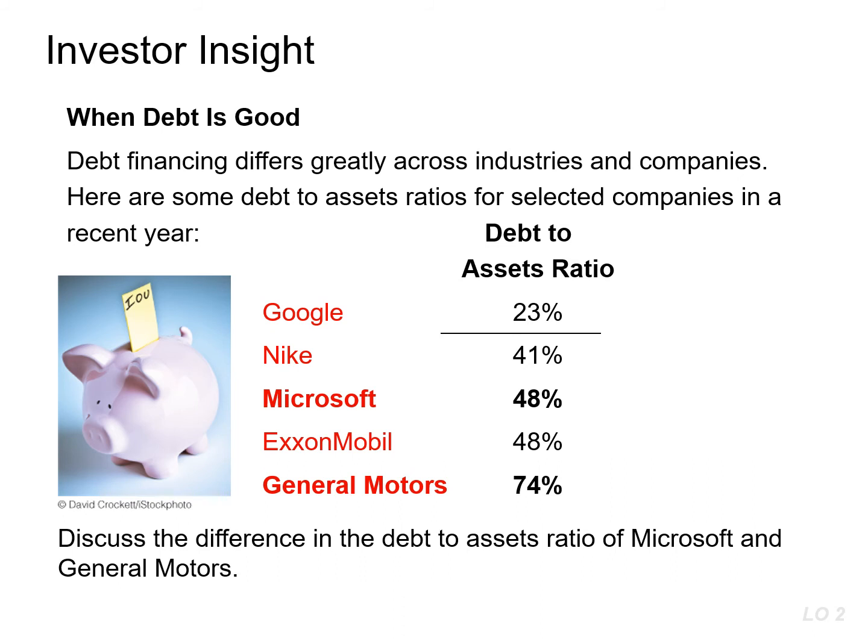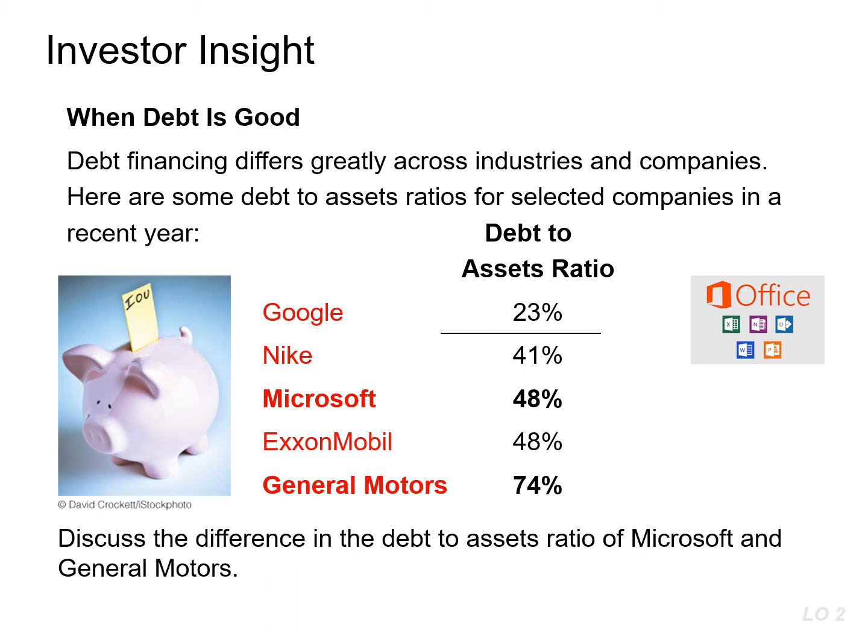Here are some debt-to-asset ratios for selected companies in a recent year, and we're going to focus on the difference in the debt-to-asset ratio of Microsoft and General Motors. The first thing I want you to think about is, what do these companies produce? Microsoft is responsible for Office, which I personally can't live without.